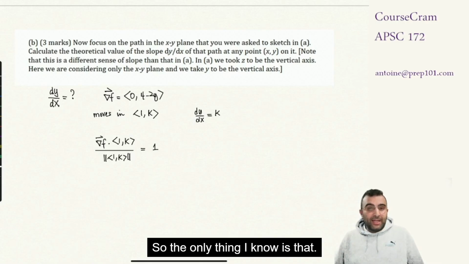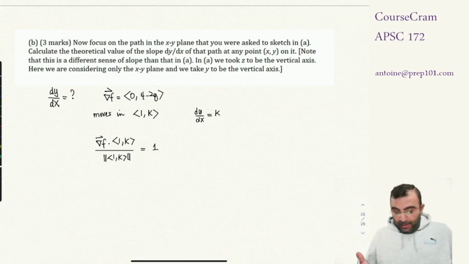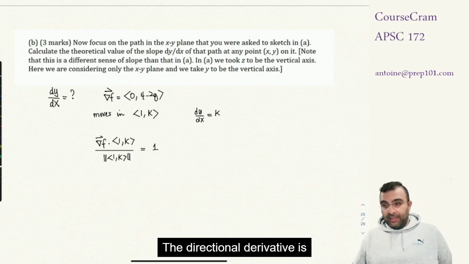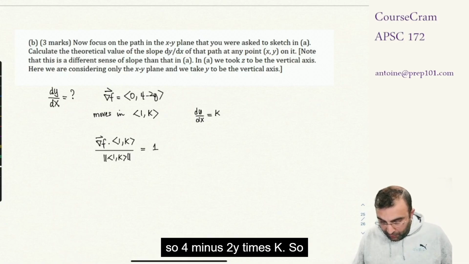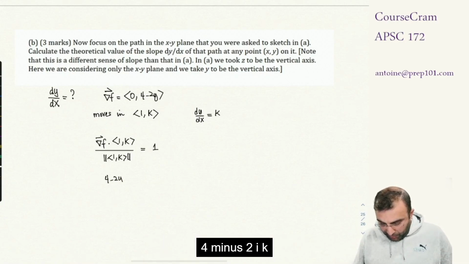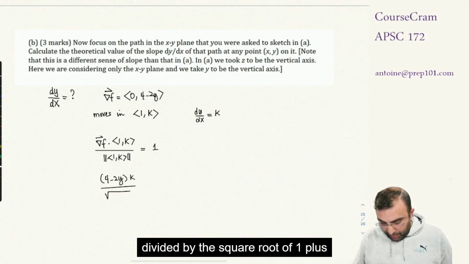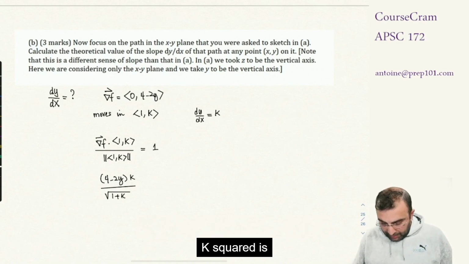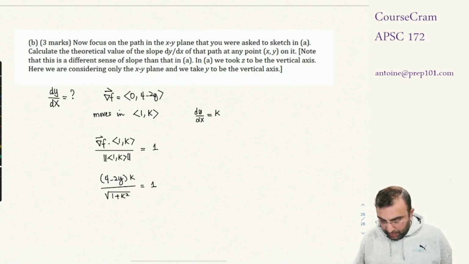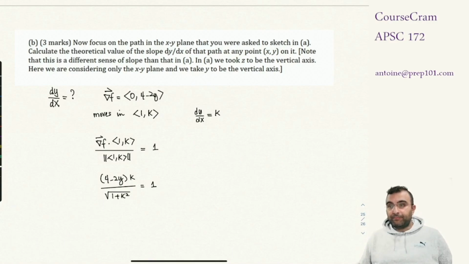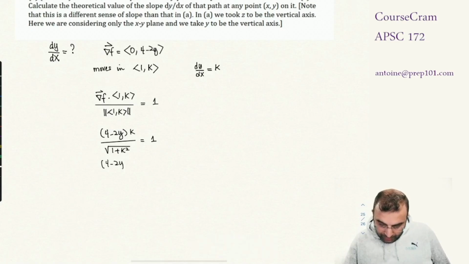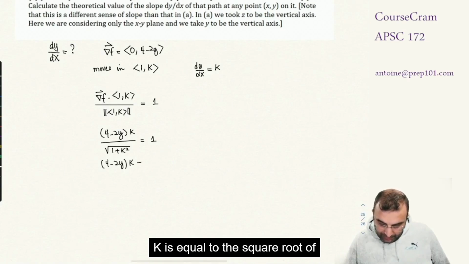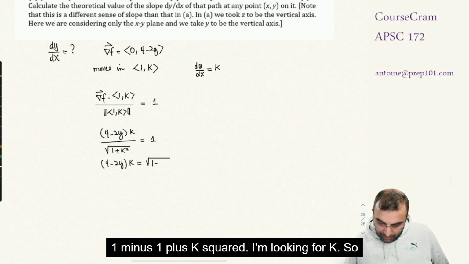So that means 0 times 1 is 0, plus (4 − 2y) times k, divided by the square root of 1 plus k squared, is equal to 1. So (4 − 2y)k is equal to the square root of 1 plus k squared.